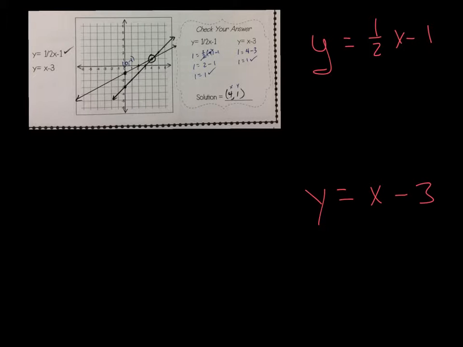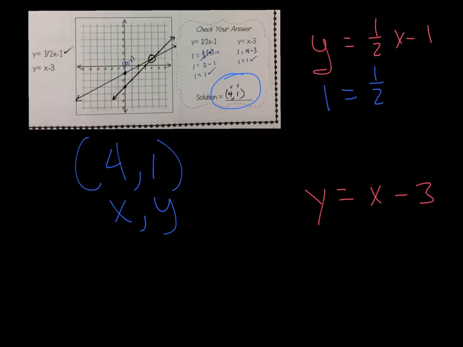According to what we've come out with right here, our solution is 4, 1. This is an x, this is a y, and we're going to plug those in. So for the y value, I'm going to plug in a 1. Bring down your 1/2. The x value, I'm going to plug in a 4. Now, half of 4, because it's 1/2 times 4, is actually 2. So you get 2, bring down your minus 1. And 2 minus 1 is 1. Now, those check out.